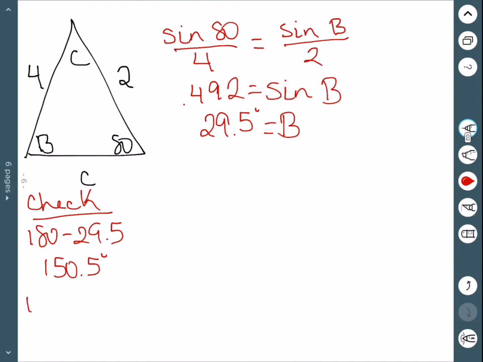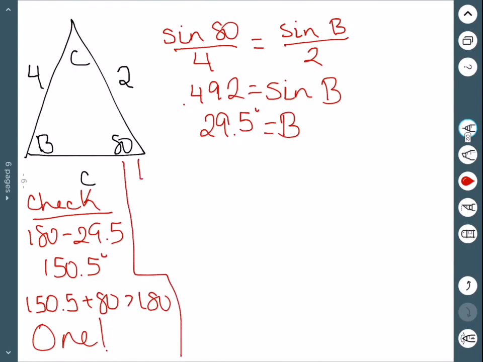However, you'll notice that 150.5 plus 80 is already too big for a triangle. This tells us that there is one solution to this triangle because we can only find one possible triangle. The second angle that resulted from this function did not give a valid triangle. And now we can continue solving.